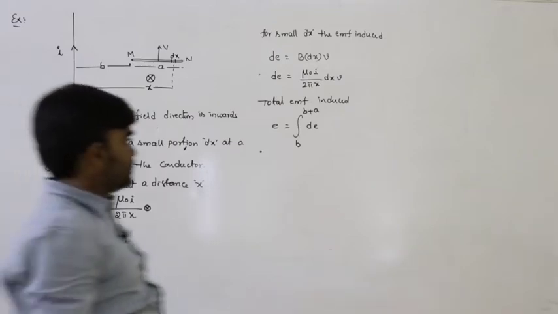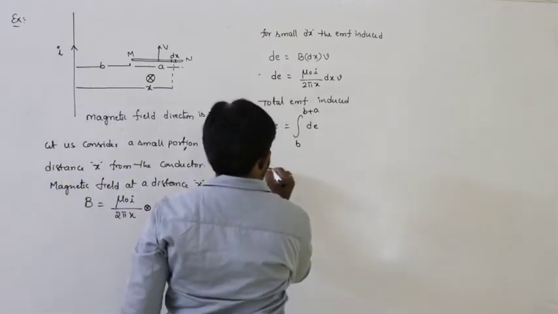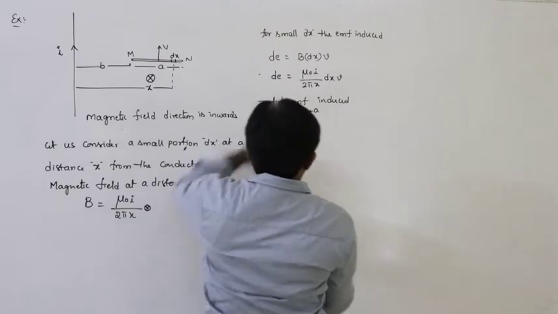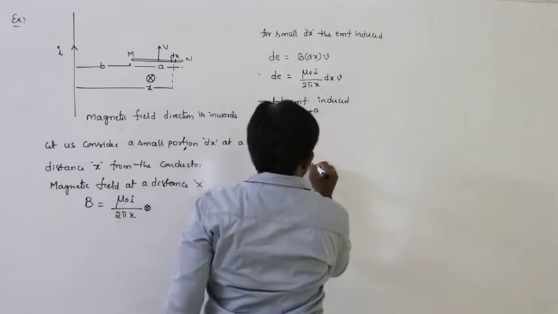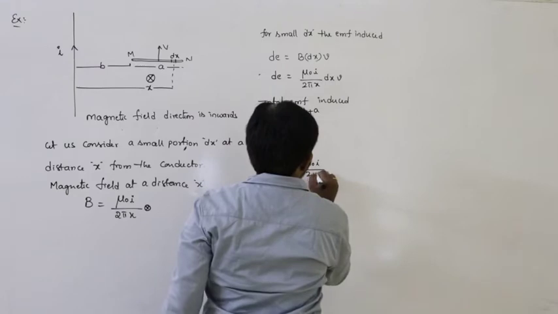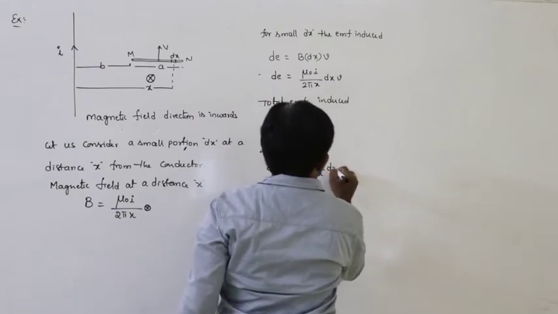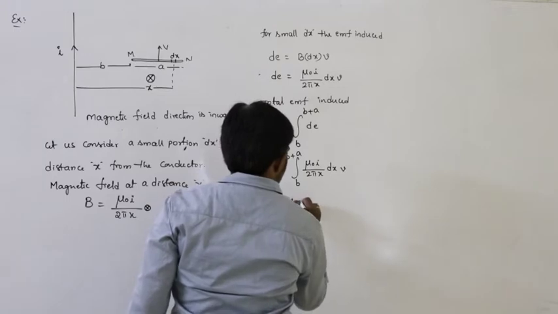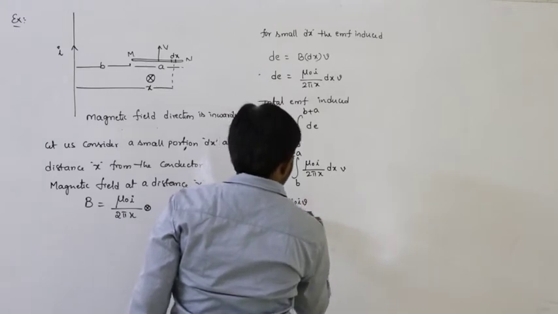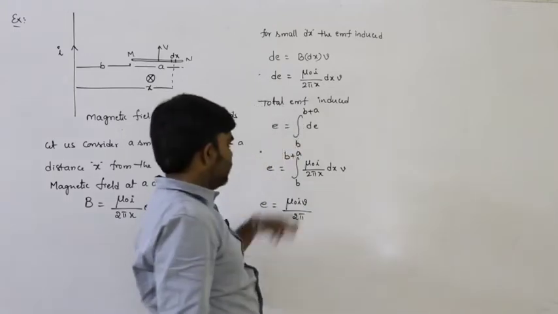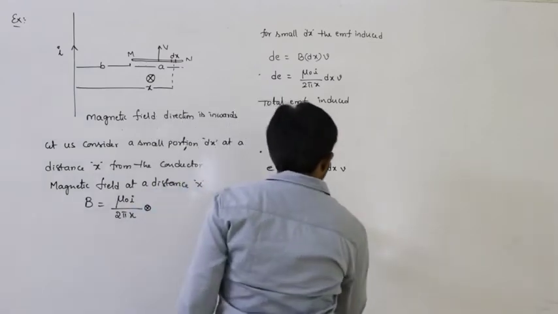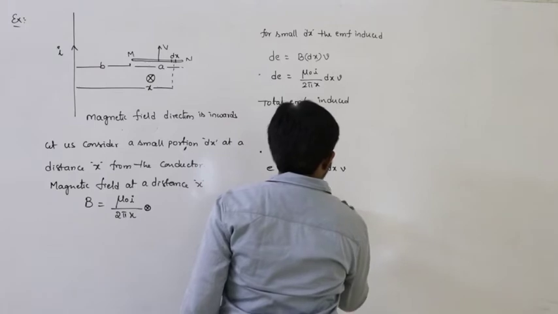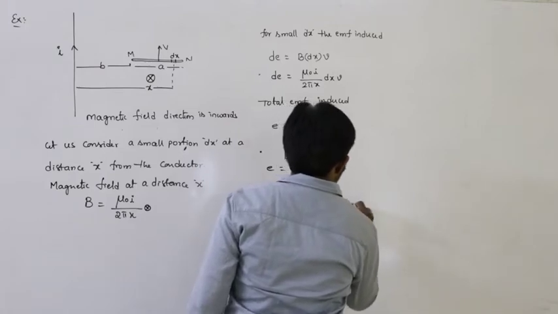So E equals integral from b to b plus a of mu naught I by 2 pi x into dx into v. So E equals mu naught I v by 2 pi, integral from b to b plus a of 1 by x dx.